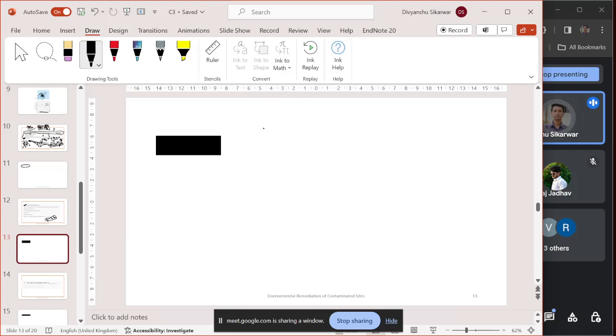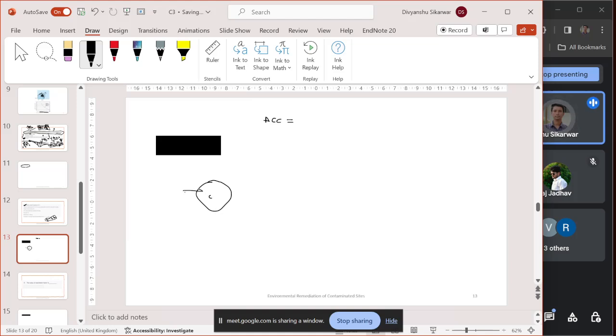So you must have heard of the mass balance equation. If this is the area, assume this is a pond and there is some contaminant here. If I want to calculate what is the concentration of that contaminant, or how much contaminant is accumulated at a certain time, how will I calculate?